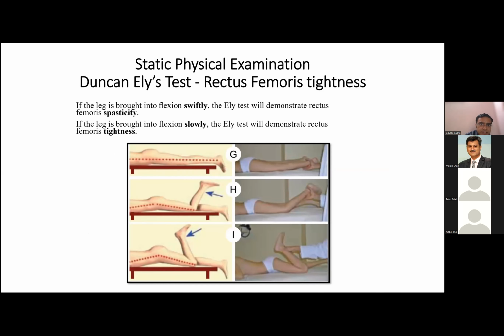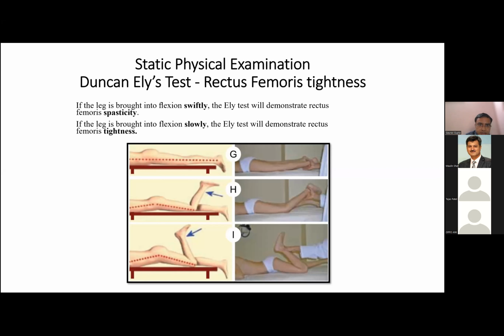Then we see the rectus femoris tightness. It's known as the Duncan Ellis test or Ellis test, where the child is made to lie prone. One leg is extended and the opposite knee is flexed. Initially, we bring the leg into flexion swiftly or fast, and that demonstrates the spasticity of the rectus femoris.